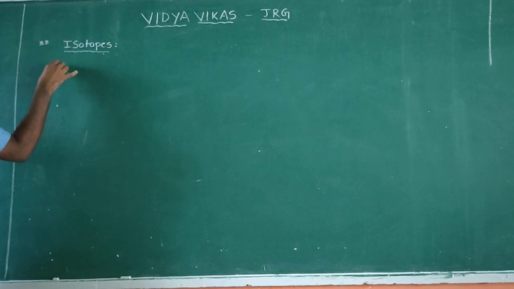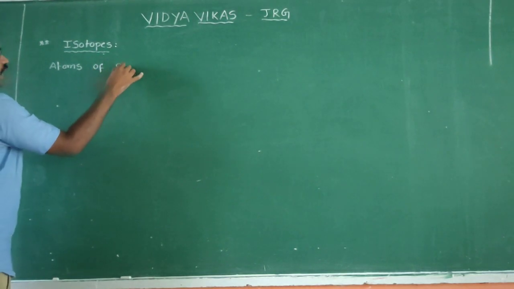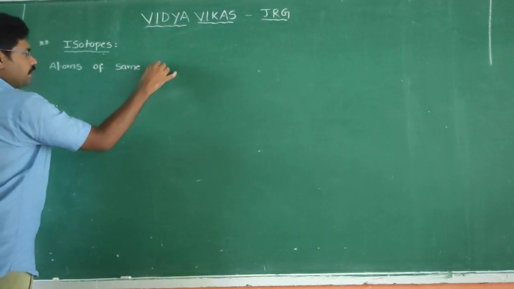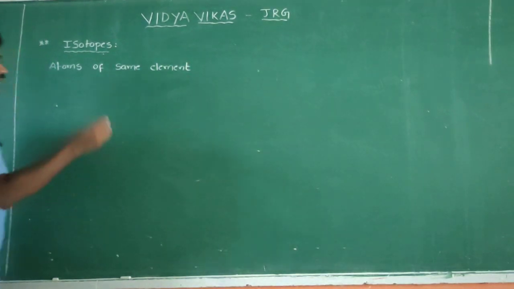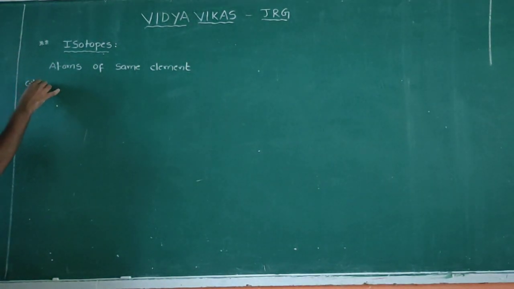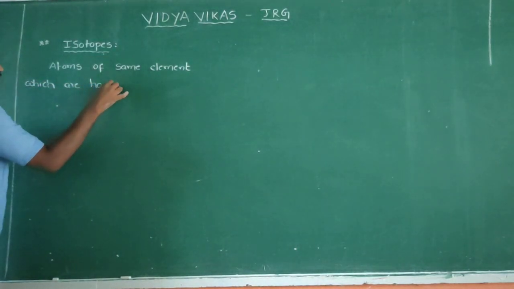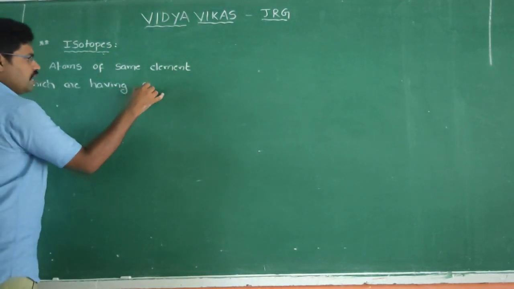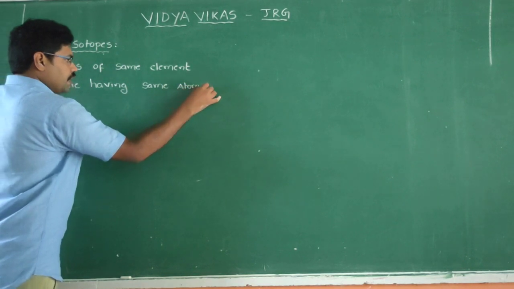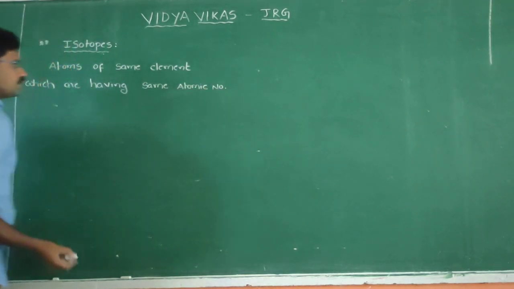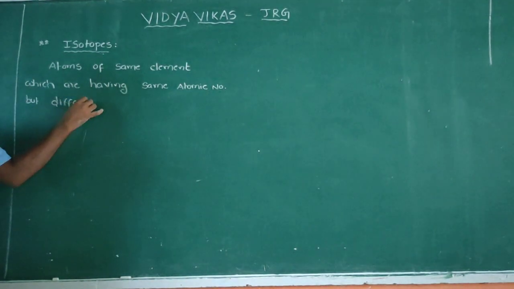Isotopes are the atoms of the same element which have the same atomic number but a different mass number.